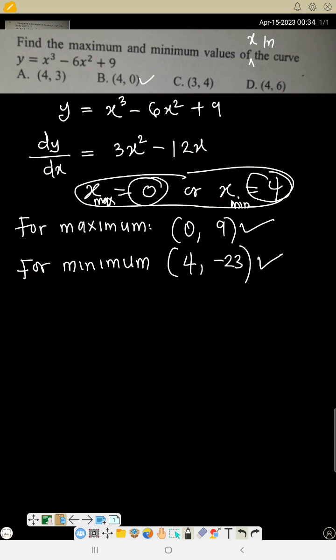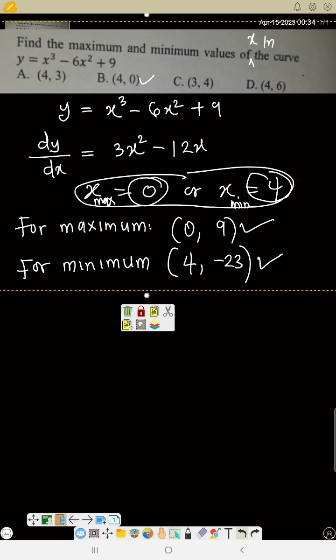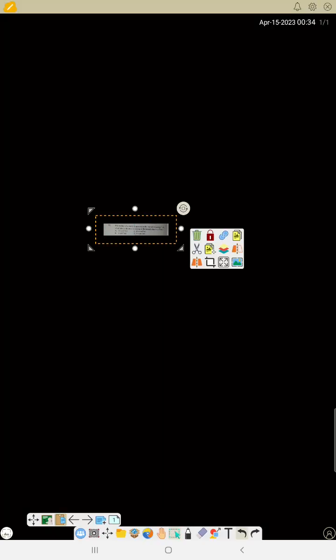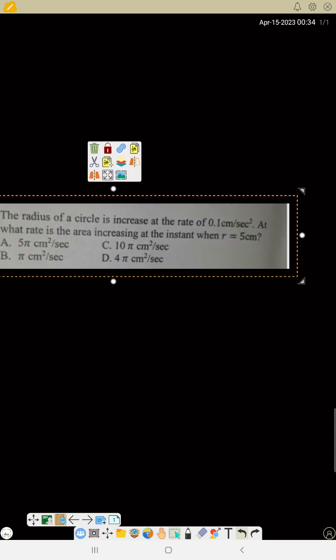So now let's see the last one here. So number 10. The radius of a circle is increased at the rate of 0.1.